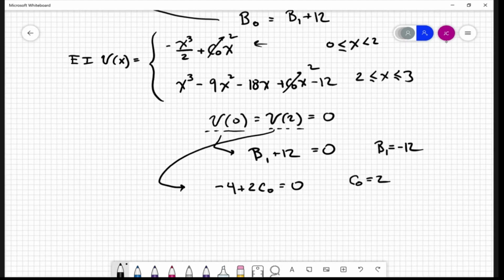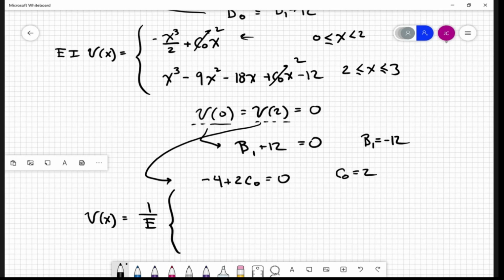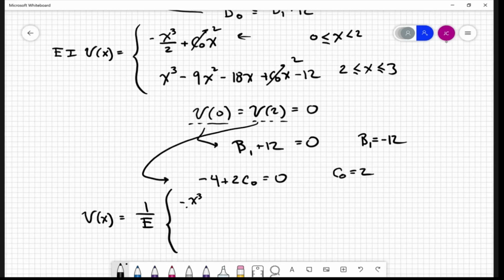And we get finally V of x equals 1 over EI times minus x cubed over 2 plus 2x, and that's for x between 0 and 2 meters.